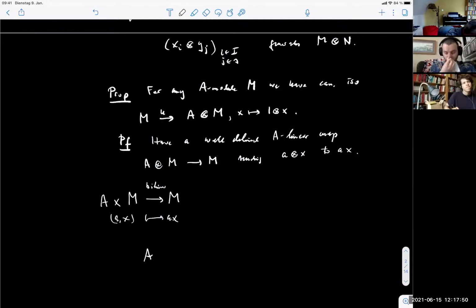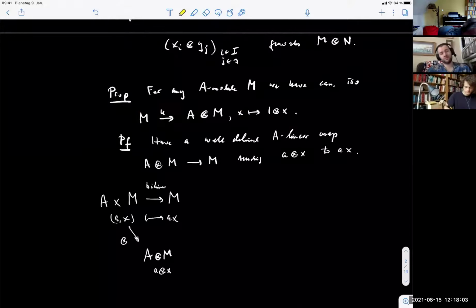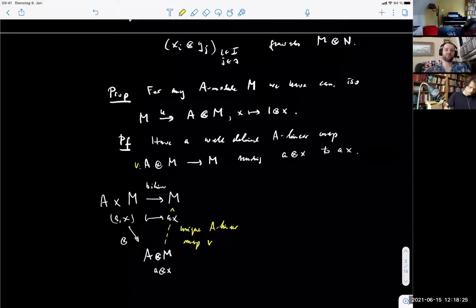Here is this tensor product, it comes with this tensor map, A comma X is mapped to A tensor X. And then I know by the universal property, there is a unique A linear map, let's call it B. So I have shown the existence of this map.